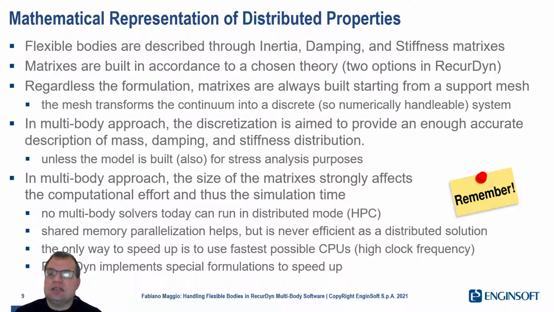This is done inside RecurDyn because the RecurDyn solver has been developed and optimized for flexible multi-body simulation. So never forget that using flexible bodies transforms a small problem into a big one.